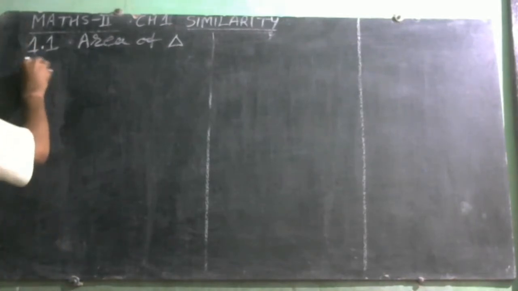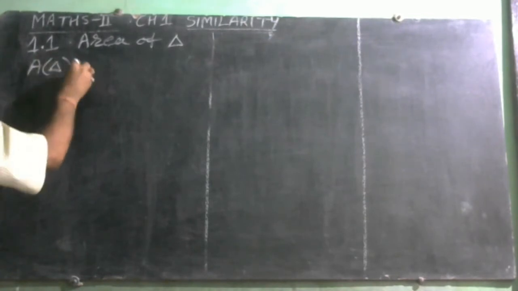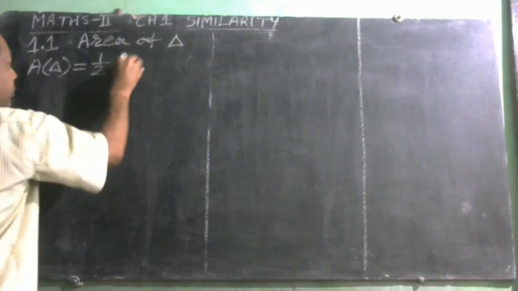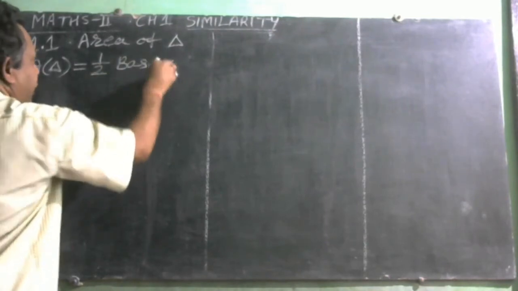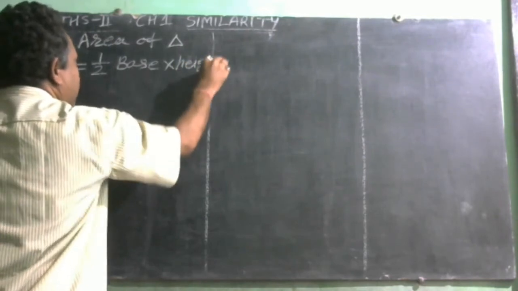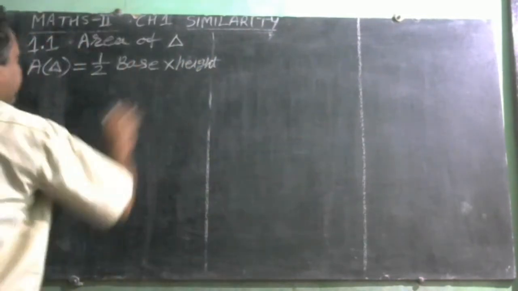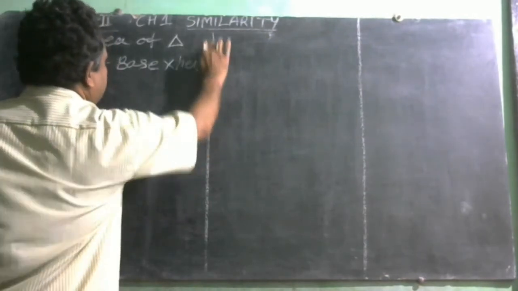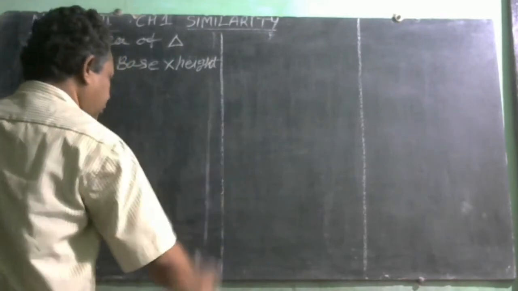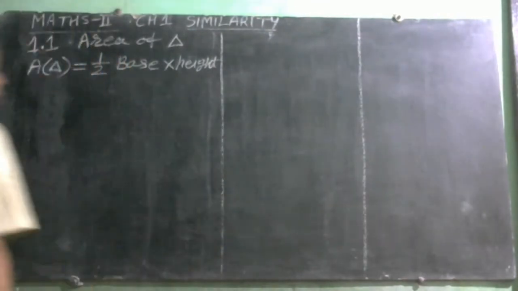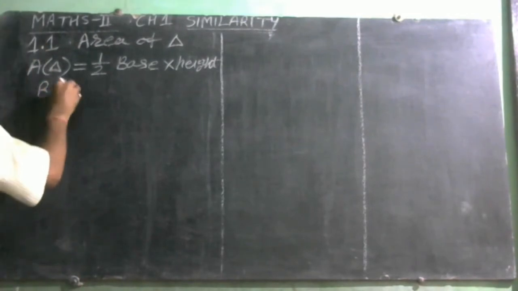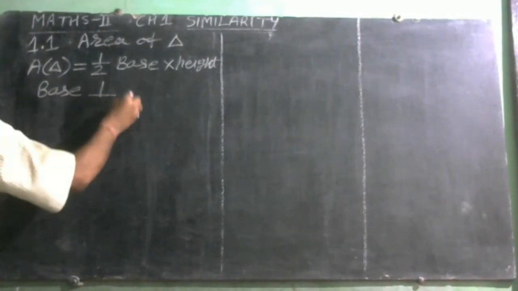What is the formula of area of triangle? Area of triangle equal to 1/2 base into height. Base is always perpendicular to height.